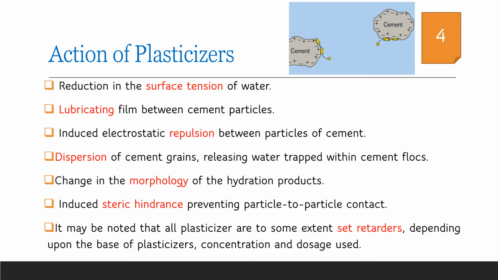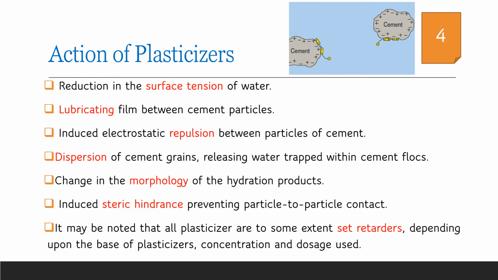The positive influence is that the cement particles get dispersed inside the concrete mix and it ensures proper hydration of concrete. It is also observed that there is a change in the morphology of the hydration products due to the addition of plasticizers. It has to be taken care that when plasticizers are added in larger volume, there are possibilities of more retardation in concrete.